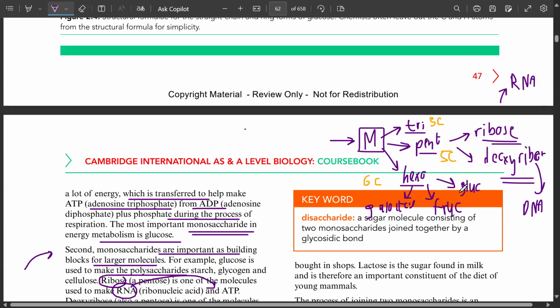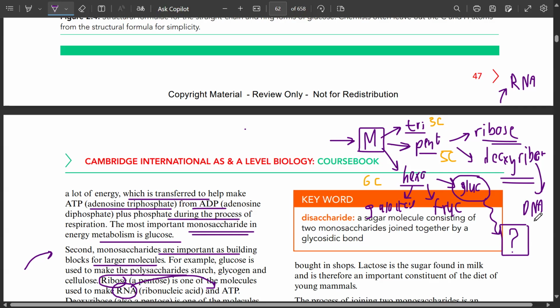Till now we have only studied this. And what is the function of glucose? We have also studied that it provides energy. How does a glucose molecule provide energy? It's used in respiration. Okay. What happens in respiration that it releases energy? It's broken down. What is broken down? Glucose. You're giving me step-by-step answers.